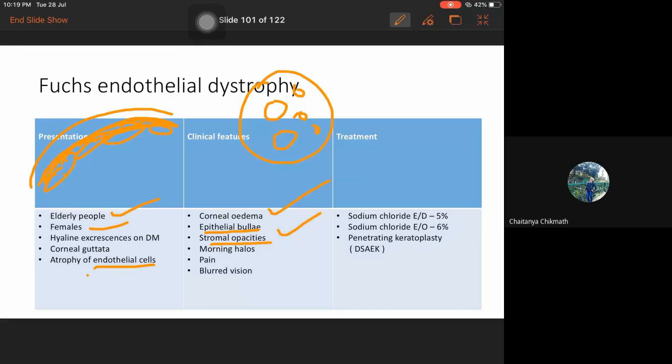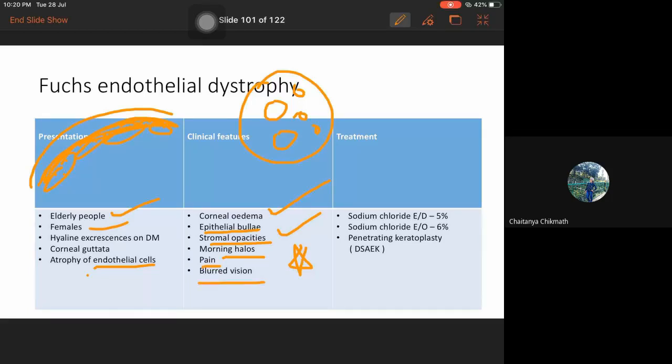Especially in the morning time, the eyelids are closed, and normally the tear will evaporate. When the eyes are closed, the corneal edema doesn't evaporate. So the patient in the morning will have morning halos. Because of the structure of the cornea, the patient will have pain and blurred vision.